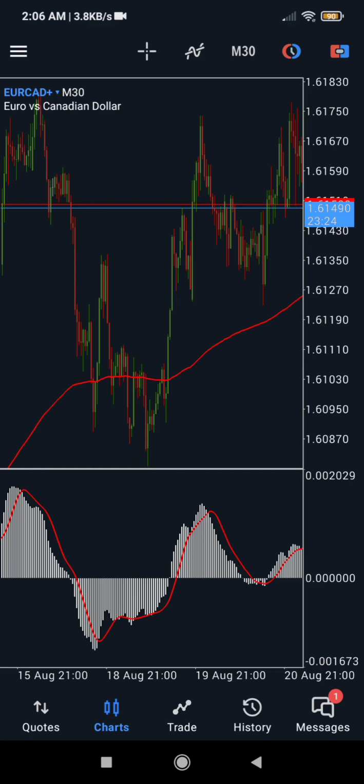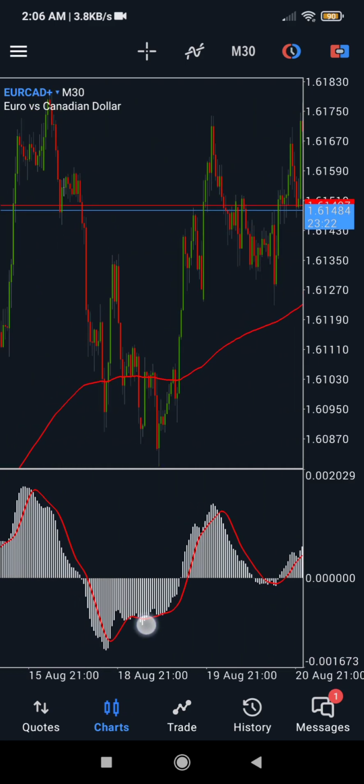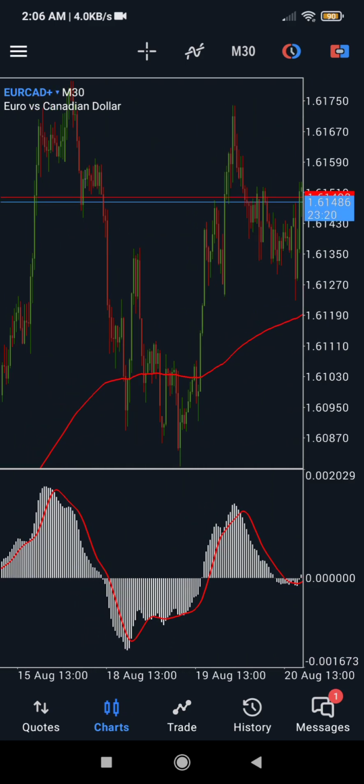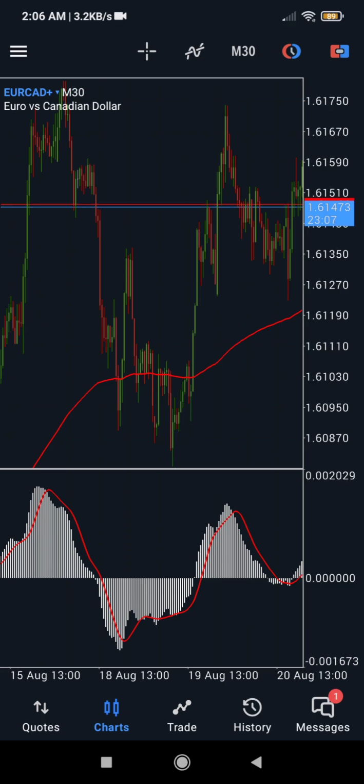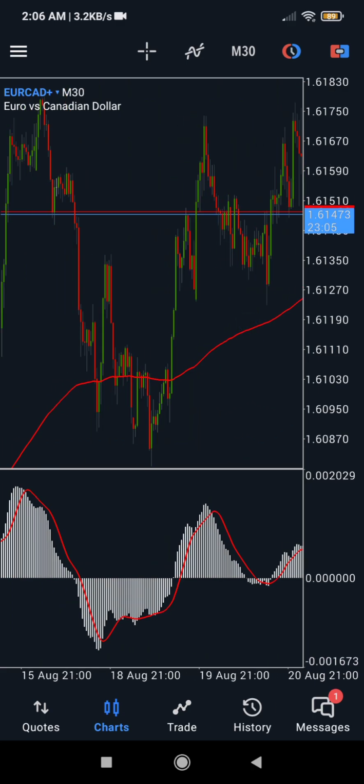We will be comparing that reaction with our MACD histogram. If price is pushing upwards, which means it is in an uptrend above our exponential moving average, what we will be looking for is an opportunity to buy only.